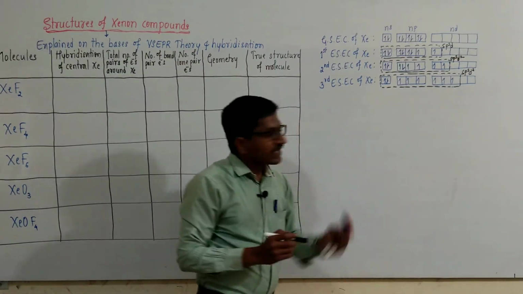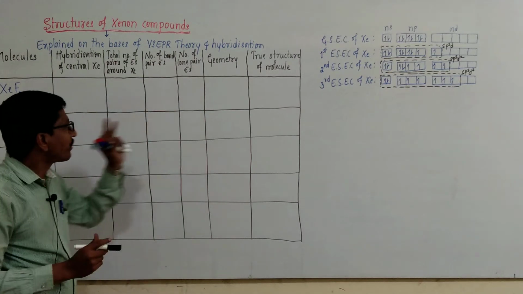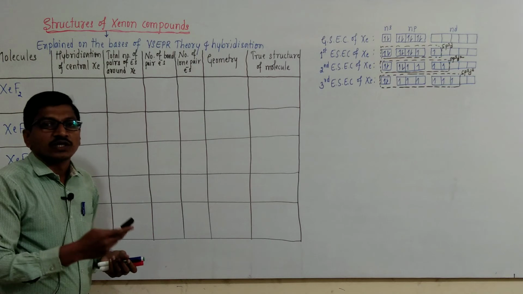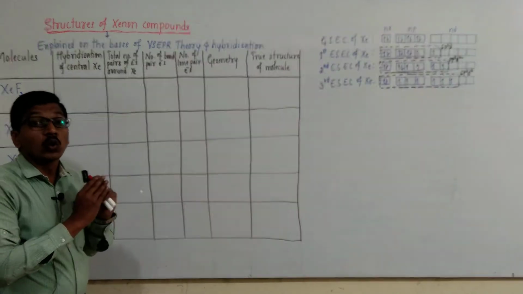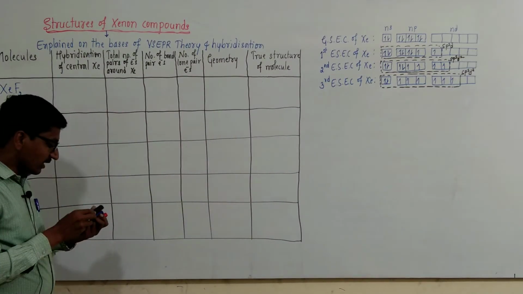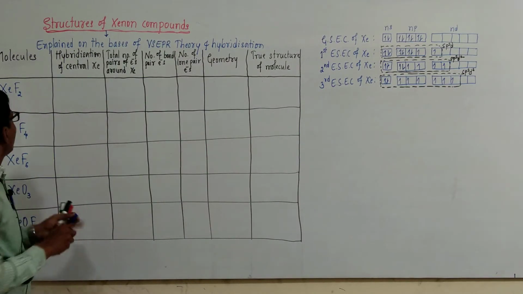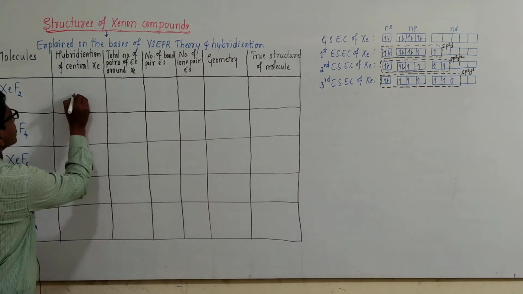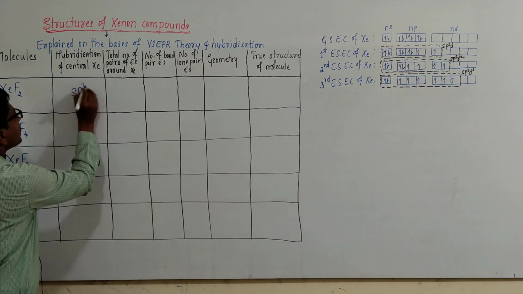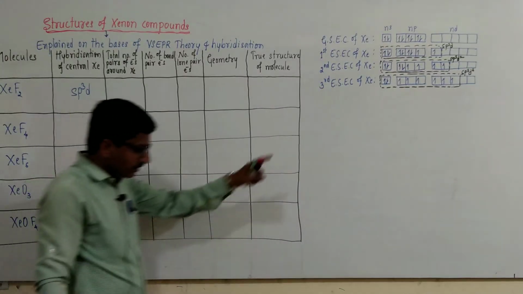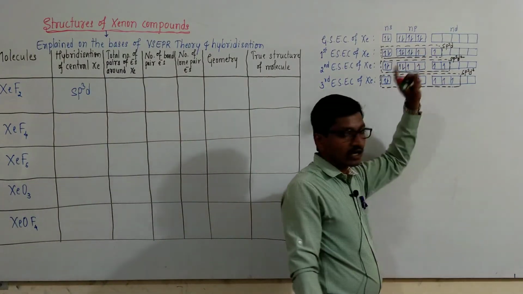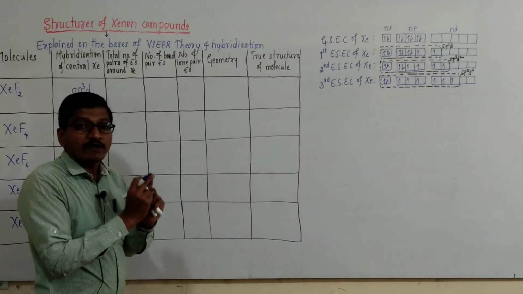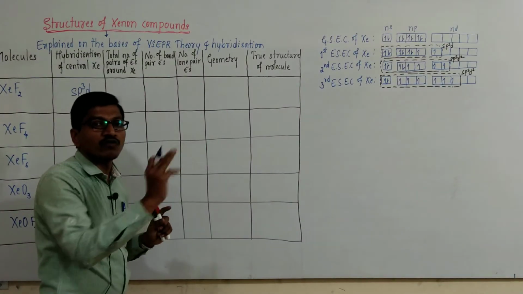Based on these excited state electronic configurations, we can predict the hybridization, total number of bonding electrons and lone pair electrons, or total number of electrons around the central atom. Here xenon difluoride forms sp3d hybridization, because in the first excited state only two unpaired electrons are in the hybrid orbitals, and these two hybrid orbitals form bonds with fluorine.